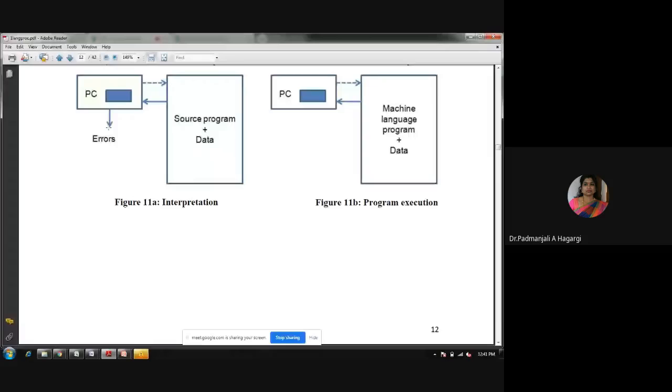Assume the fetch is during interpretation time, and load is loading into the memory for the execution of the program. So if a program has any error, it rectifies the errors of the source program. After clearing the errors of the source program, now it is ready to go to the memory and execute the program.